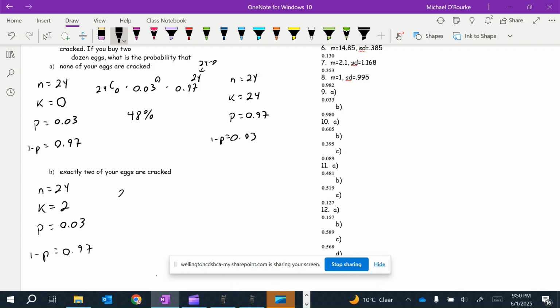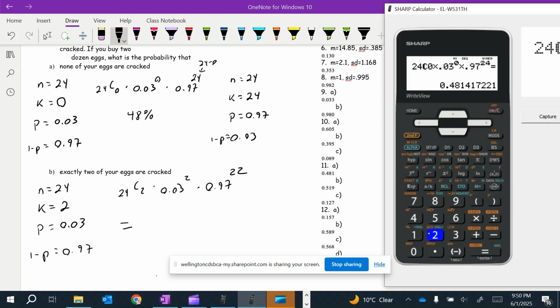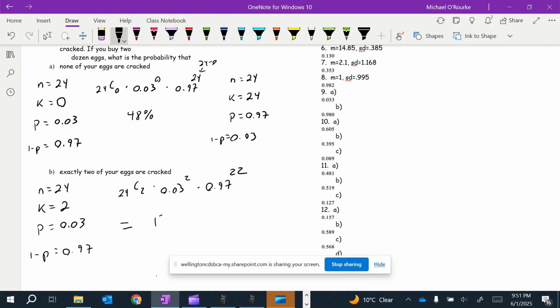So 24 choose 2 times 0.03 to the power of 2 times 0.97 to the power of 22. Oh, crap. So it's a 13% chance.